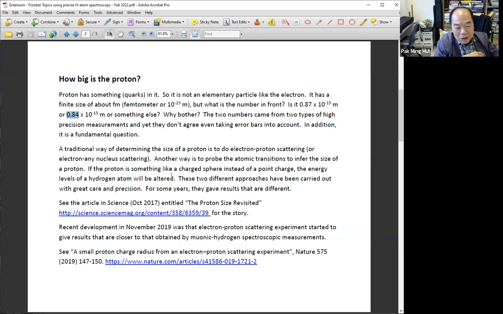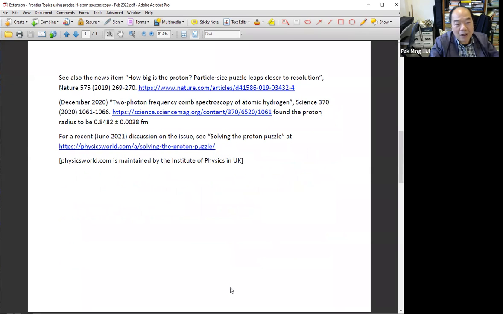For those who are interested, you can read some introductory magazine article introducing the background. Then two or three years ago, there were new scattering experiments reporting new results.